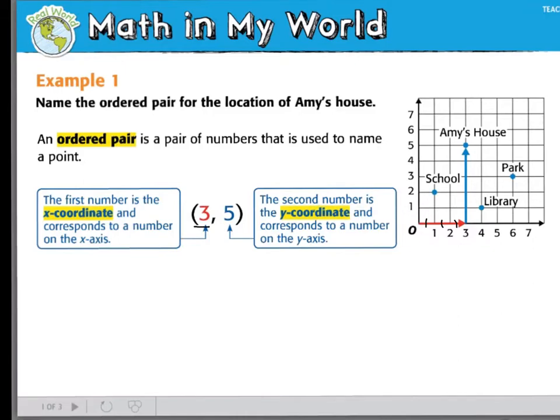The second number is the y-coordinate, and it corresponds to a number on the y-axis. The second number is 5, so we will travel 1, 2, 3, 4, 5 units. And where the 3 and the 5 cross is where we will find Amy's house. Amy's house is at point 3, 5.